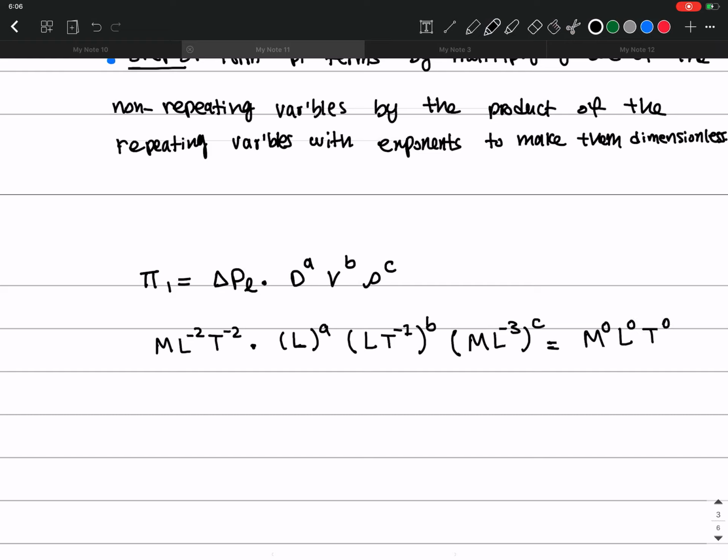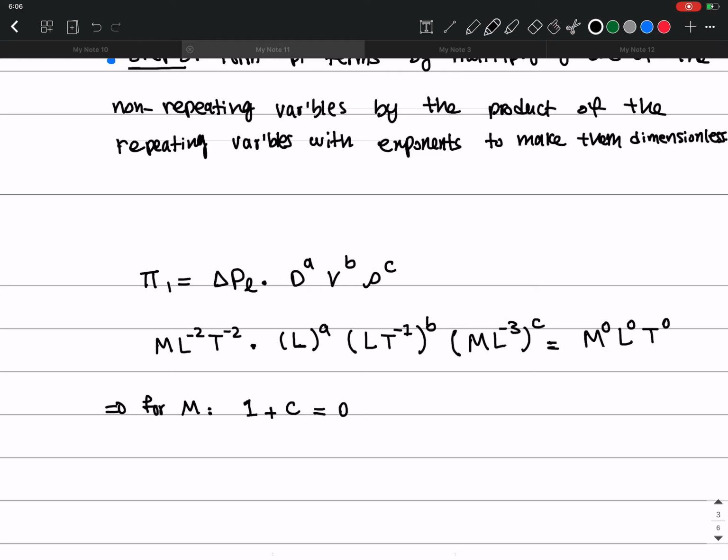Okay? So this is going to give me 3 equations, one for each of these dimensions. So for M, we have the first term is 1, and then we have also M here, plus c. So 1 plus c should equal what? The right hand side of the equation should be 0.